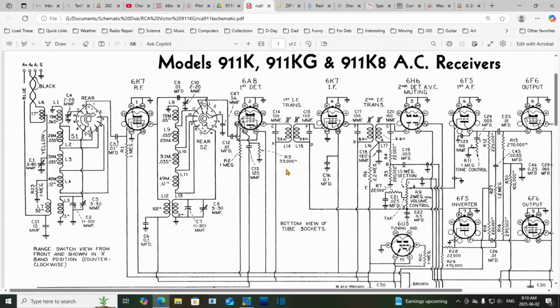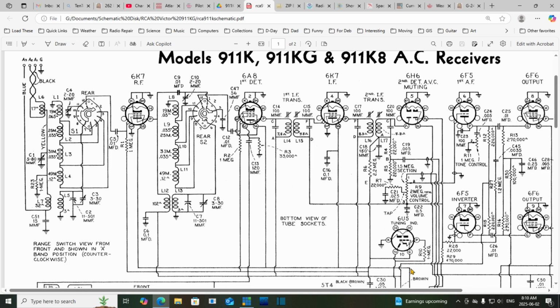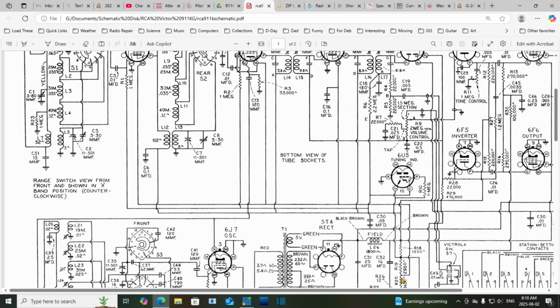Okay, back to this. So the screen circuit has to be handled in a very careful way in order for it to do its job, and part of that usually involves a large capacitor. There it is there, 0.1 on the screen circuit, and it's probably coming out of here.